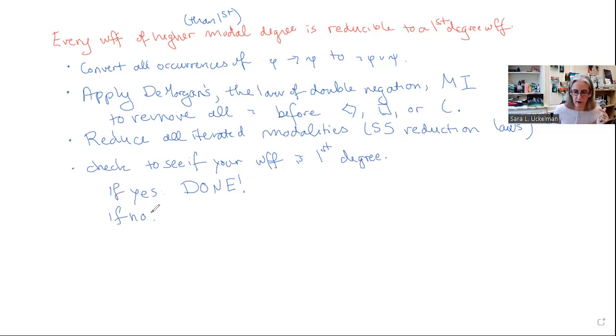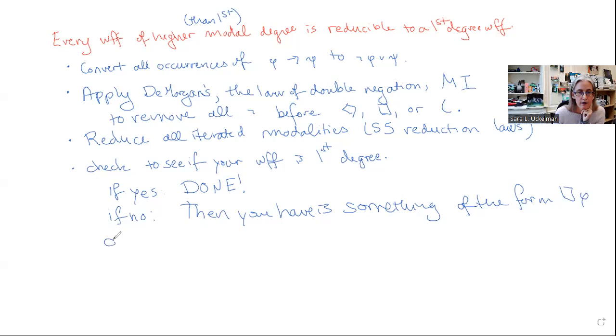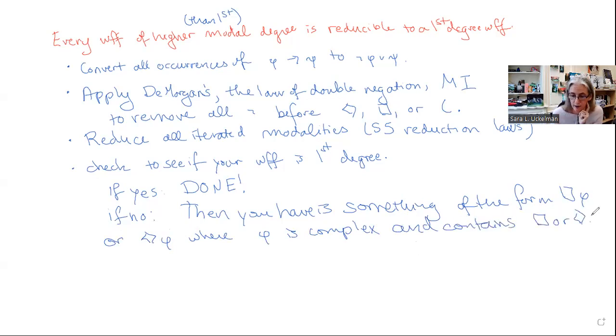So you're going to have something where it's, come on, whiteboard, work. So what you have is something of the form box phi or diamond phi, where phi is complex, it's within some parentheses, and contains box or diamond.